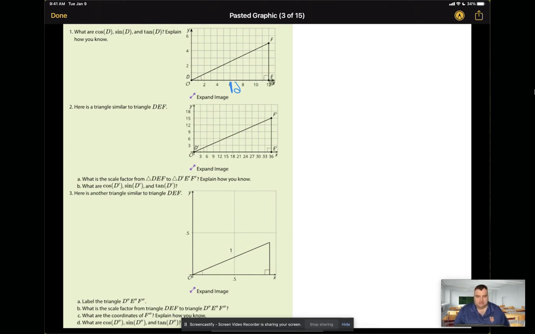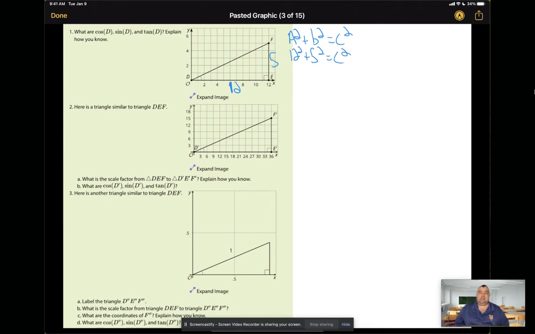This side has a length of 1, 2, 3, 4, 5. Now I just need to figure out the length of the hypotenuse. So to do that, just like with the previous lesson, I'm going to use the Pythagorean Theorem. So this is going to be 12 squared plus 5 squared equals c squared.